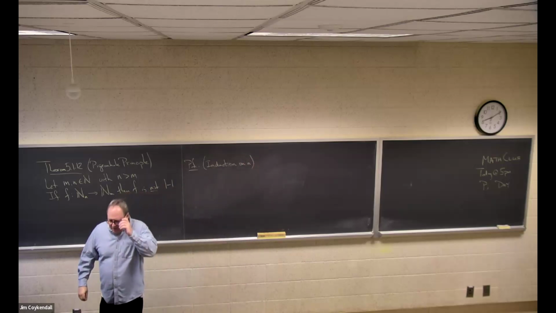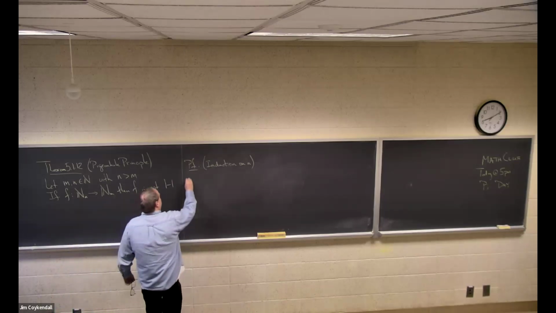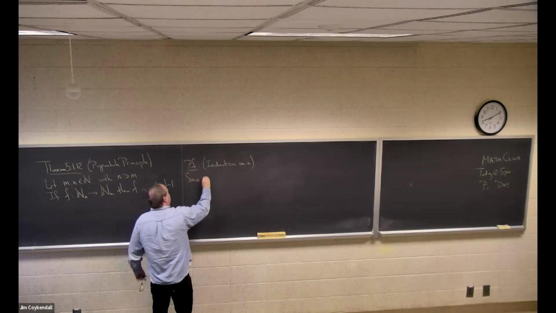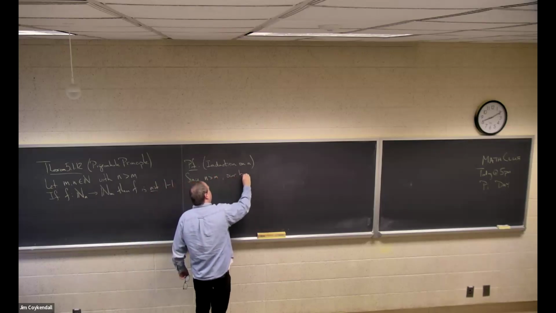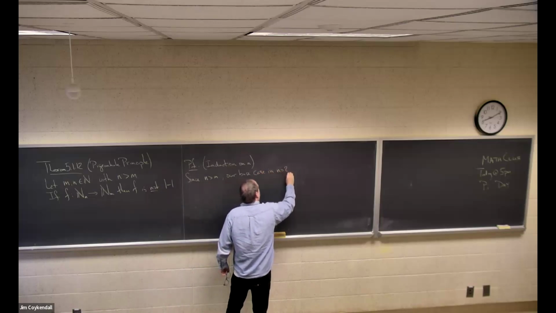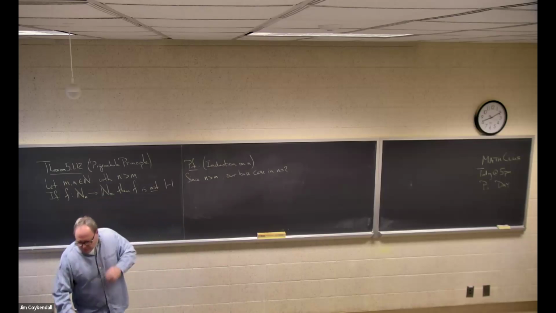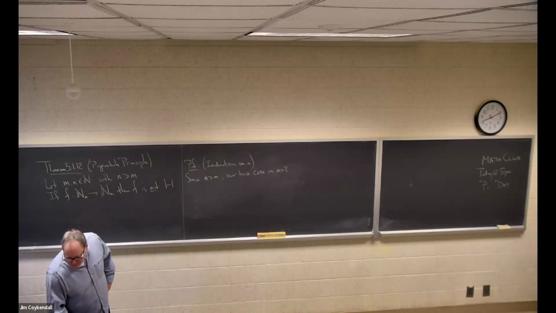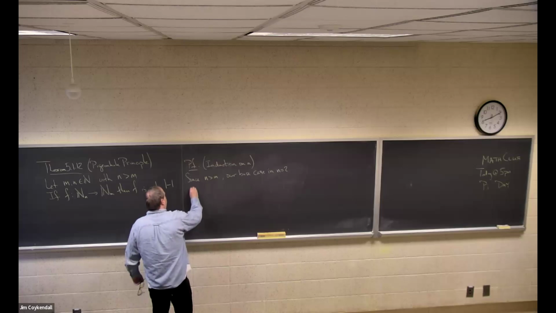So my base case here should be n equals 2, because I have to have m strictly smaller.